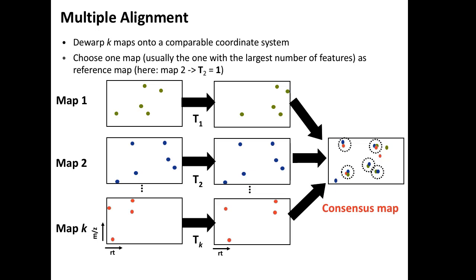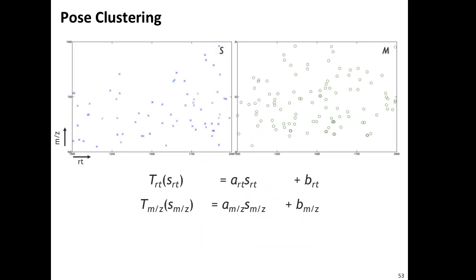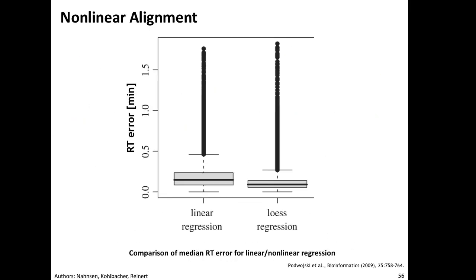So you don't need to get the error in the retention time to 1 second or less. You just need to bring it down such that the map is sparse enough that you can identify these guys properly. So we see some difference in linear versus nonlinear, but for most applications, it makes no difference whether you use linear or nonlinear.